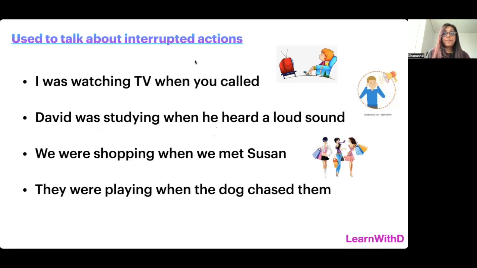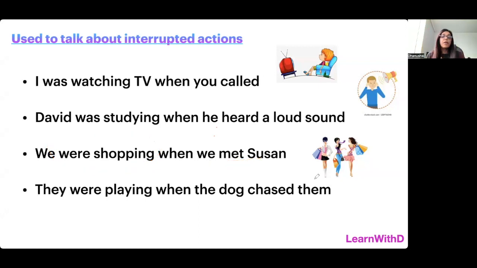We use the past continuous on the action that happens first, which is were shopping. So we were shopping when we met Susan. And met Susan, that means met is in the simple past. Let's look at that again. Shopping happened first, so we use the past continuous. We were shopping when we met Susan.